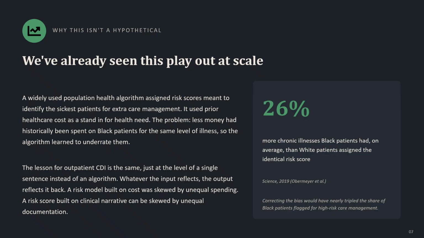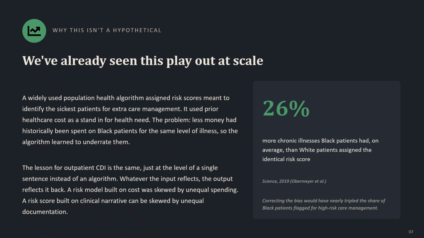But the problem was that historically less money had been spent on treating Black patients for the same level of illness. So the algorithm, unfortunately, learned this. It learned to underrate them.